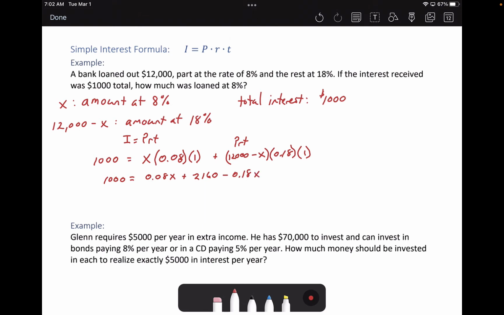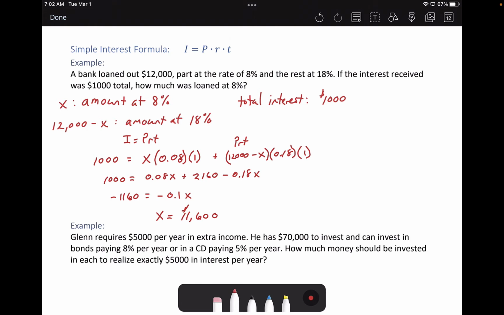In the next step, we'll combine like terms and subtract over the 2160. So on the left, we get negative 1,160 equals negative 0.1x. Divide by negative 0.1. And x is equal to 11,600. And we're talking about dollars.